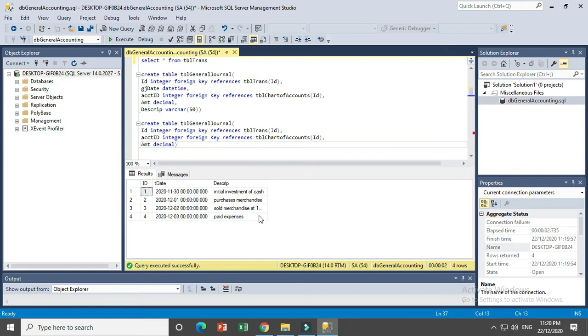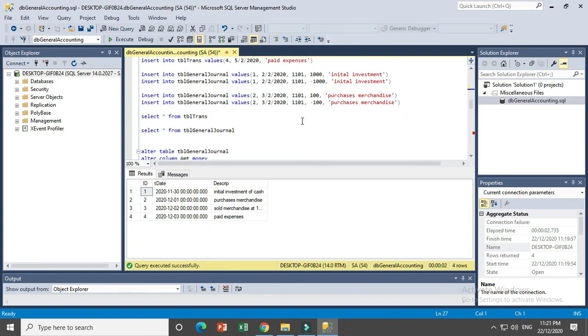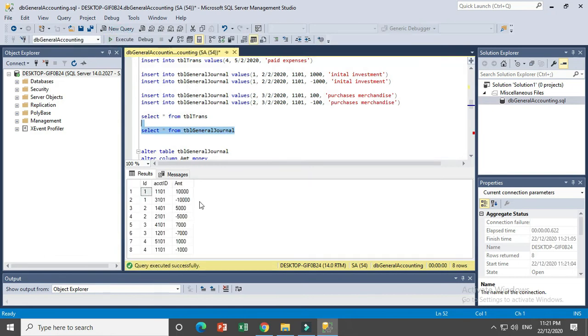Okay, so we will join this with what we call the general journal table. If we query the general journal table, here's what's inside. If you are familiar with accounts, this is cash 101, 301 is equity.